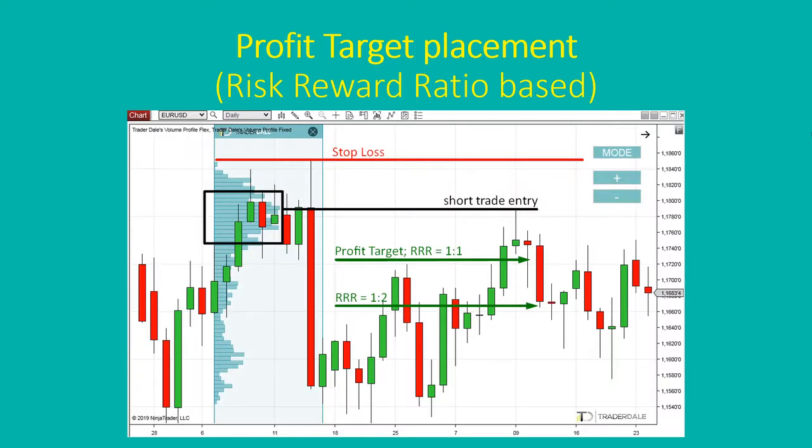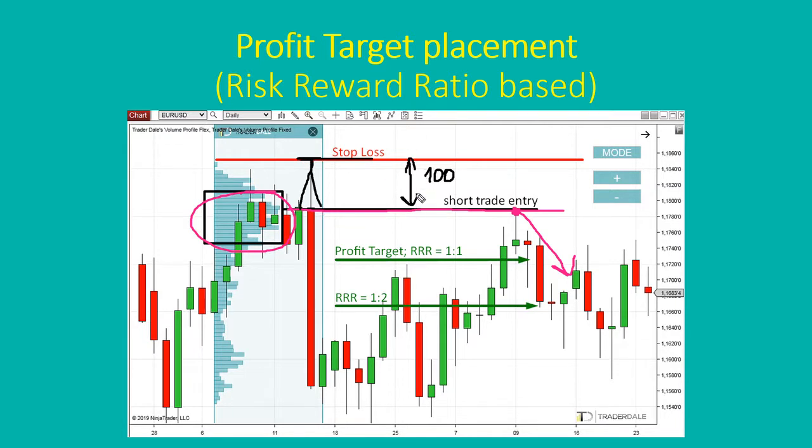Let me now show you that on a picture, alright? This is the same example I've already used. There was the volume accumulation setup. This was the strong resistance. There is a short trade entry. You go short from there. Now let's say that this distance is 100 pips. You placed the stop loss at the top of this swing point. So this is 100 pips.